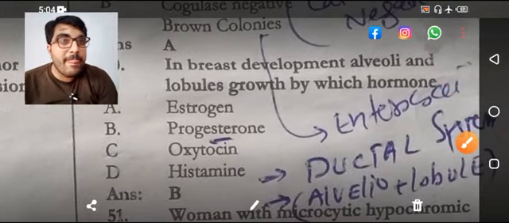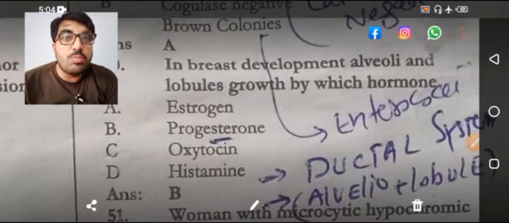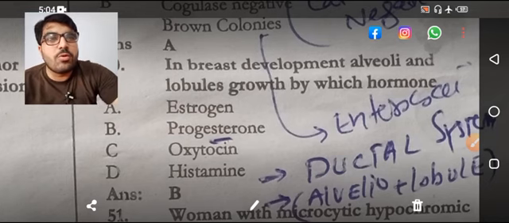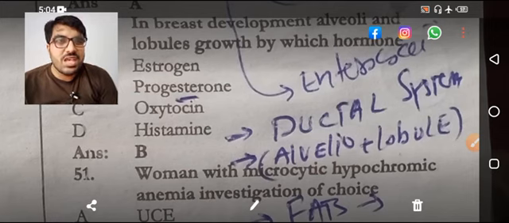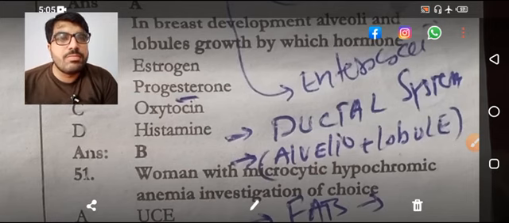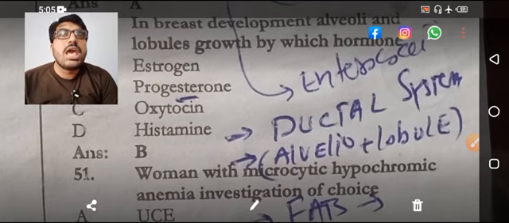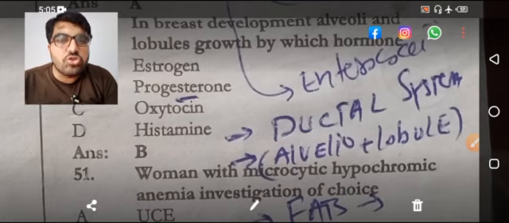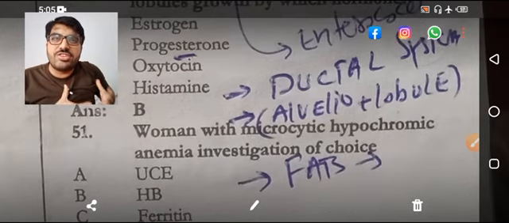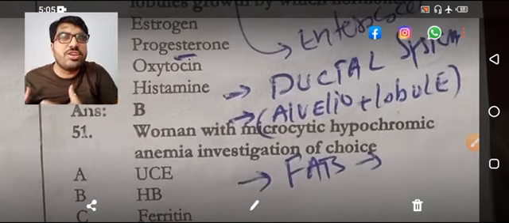In breast development, alveoli and lobules growth is by which hormone? Now the answer over here is progesterone. Now I will add another MCQ. The ductal system is developed by estrogen. The alveoli and lobules by progesterone. The other is fat deposition in the breast, which is by estrogen.